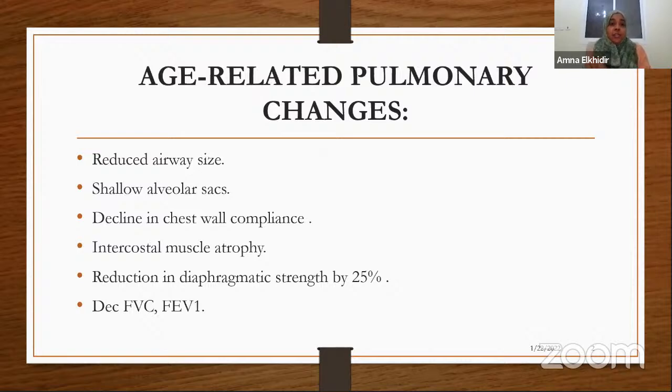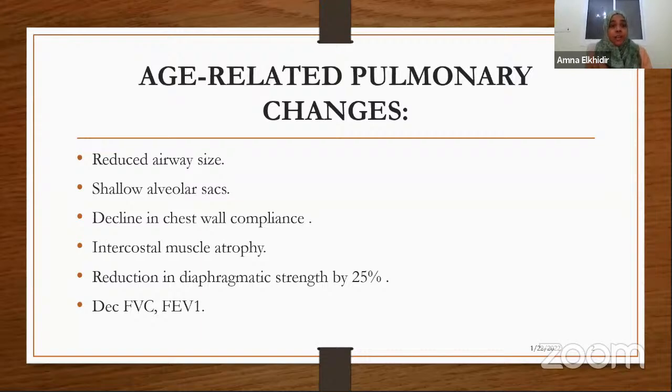And there is decline in chest wall compliance as a result of osteoarthritis of costovertebral joints and calcifications of costal cartilage. So the chest wall doesn't expand like in younger populations. And there is intercostal muscle atrophy and reduction in diaphragmatic strength. All these predispose them to more respiratory diseases and may confuse the diagnosis.